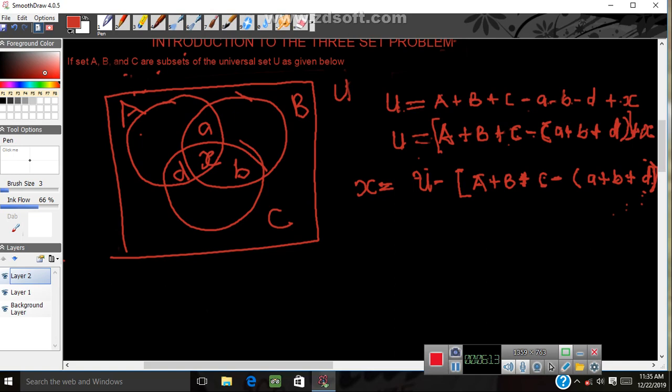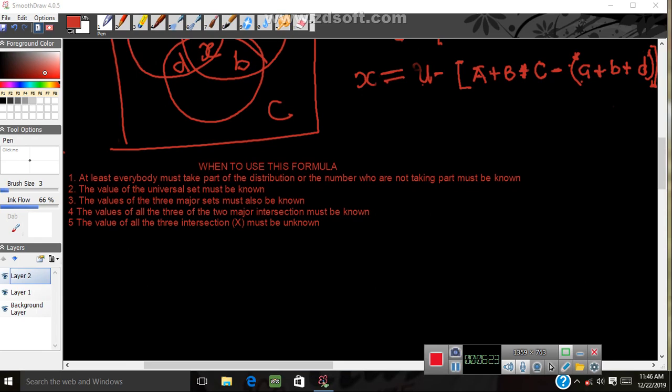This formula can only be used to solve the following types of questions. One, we said at least everybody must take part in the distribution. It means that each and everyone is doing at least one of the three items, or the number who are not taking part must be known. Let's say in a class of 50 are supposed to be given integrated science, core maths, and geography books.